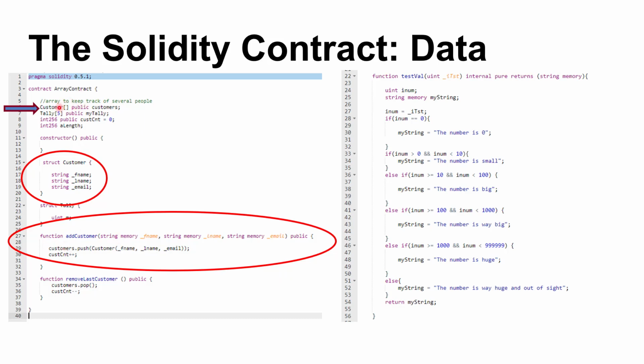So if you can see up here, we declared a customer array. And right down here using this function, add customer, we are building that array. And you can see we're also removing from it down here. And you can take a look here at some of the other code and what exactly this is doing.